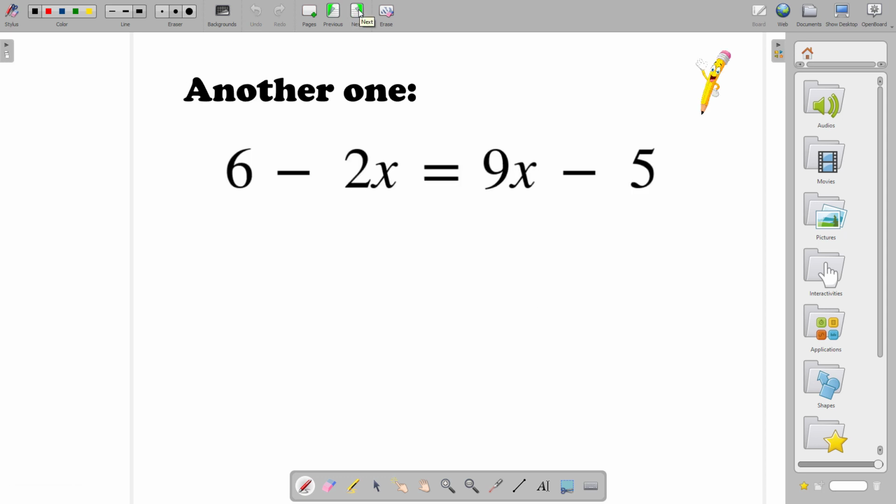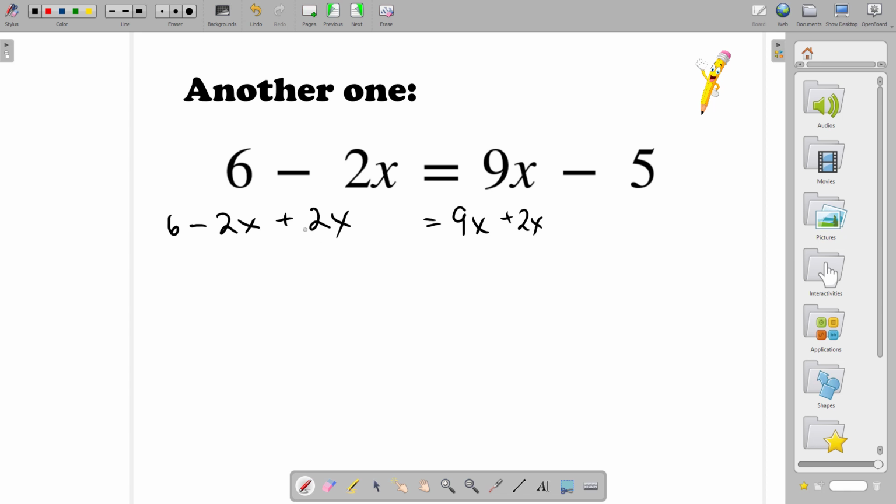Okay, here we go with another one where we've got variable terms on both sides. I have a negative 2x. I think I'm going to get rid of that negative 2x, so I'm going to take 6 minus 2x and add 2x so that those will add up to 0. If I do that on the left, I must add 2x on the right.